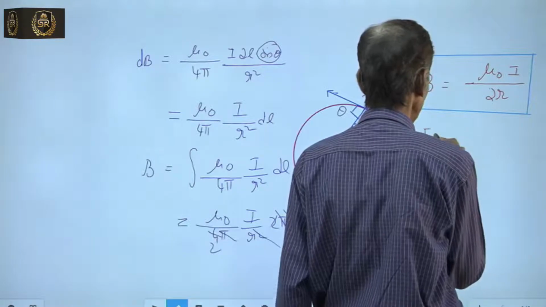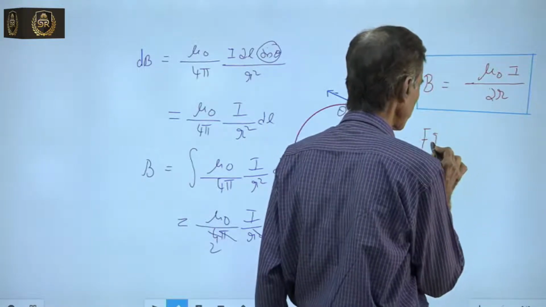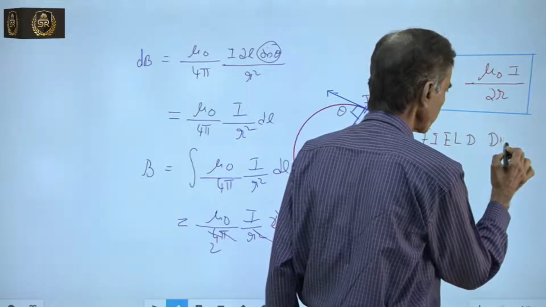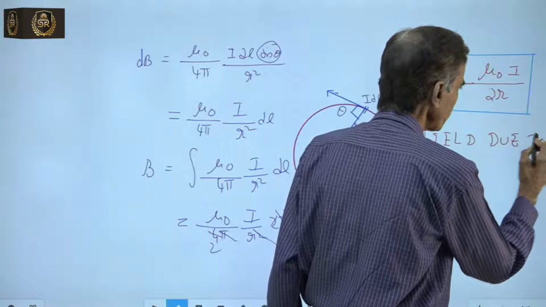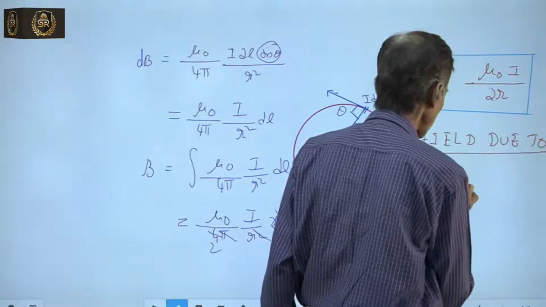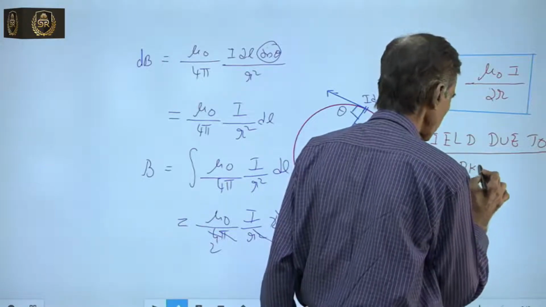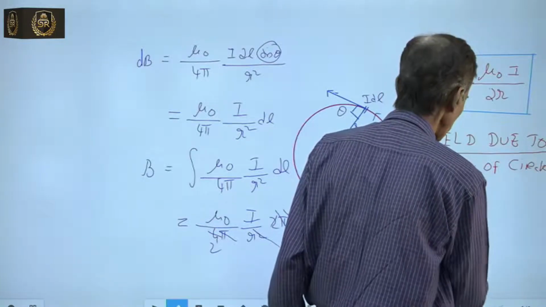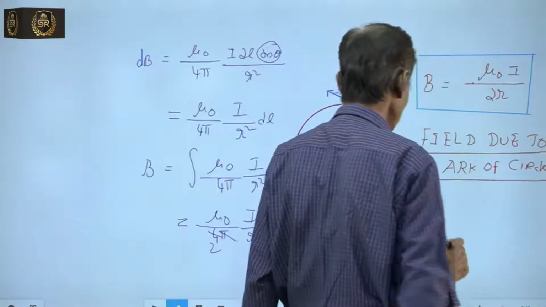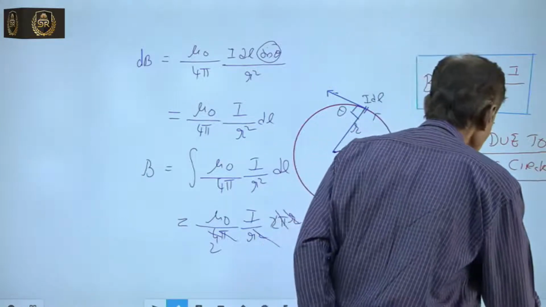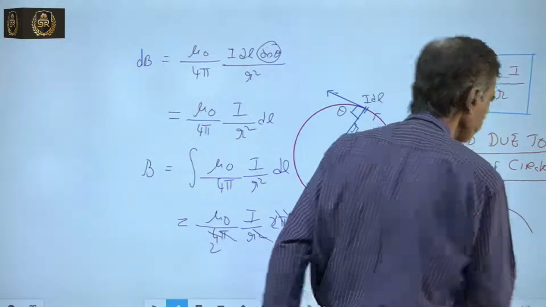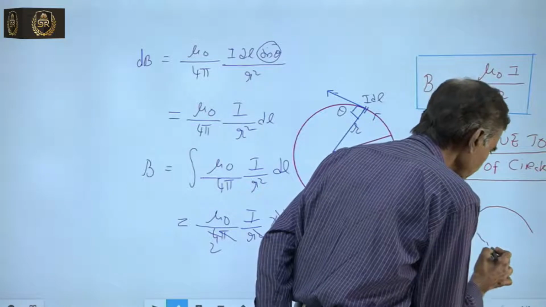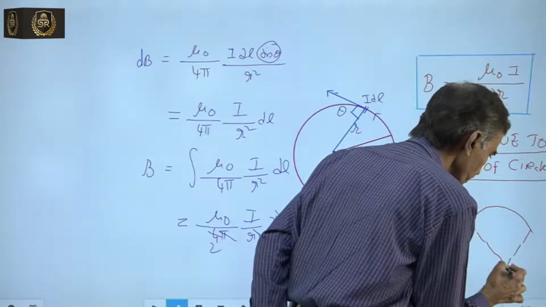Field due to an arc of circle. One arc of circle we are taking now. It is making an angle phi at the center.